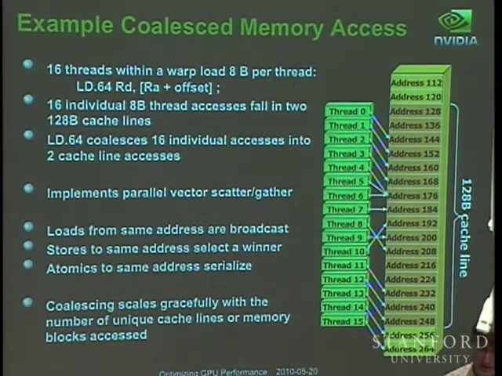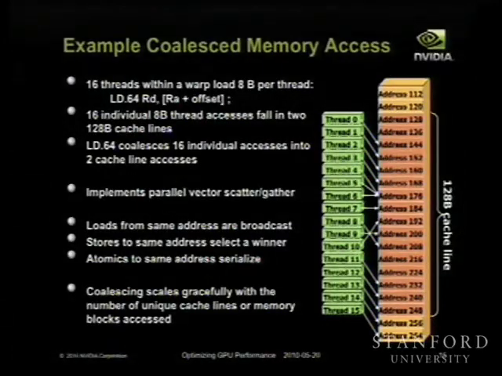These are pipelined, so it's not too bad, but still it's taken basically 16 individual little bitty accesses, combined them, and made them into 2 bigger block accesses, and that's what the hardware does. So when you write your program, if you keep your addresses close together in adjacent threads, threads with close by thread ID numbers, then you'll get this hardware to work for you and do a good job for you.